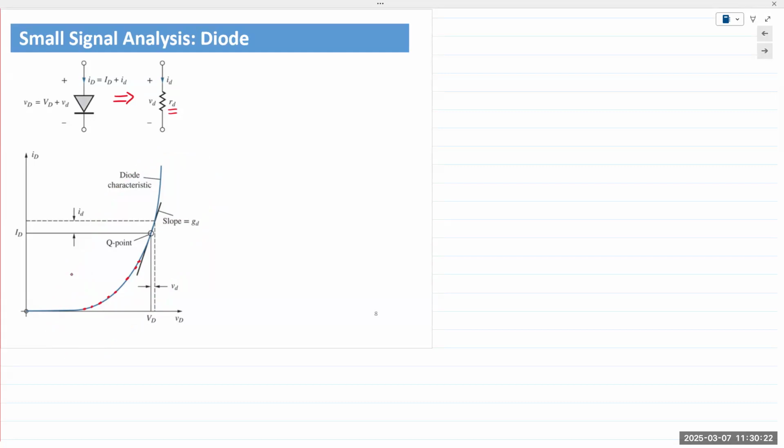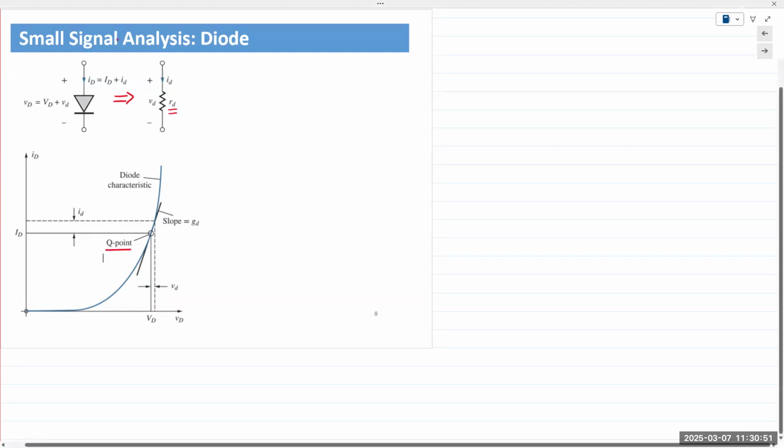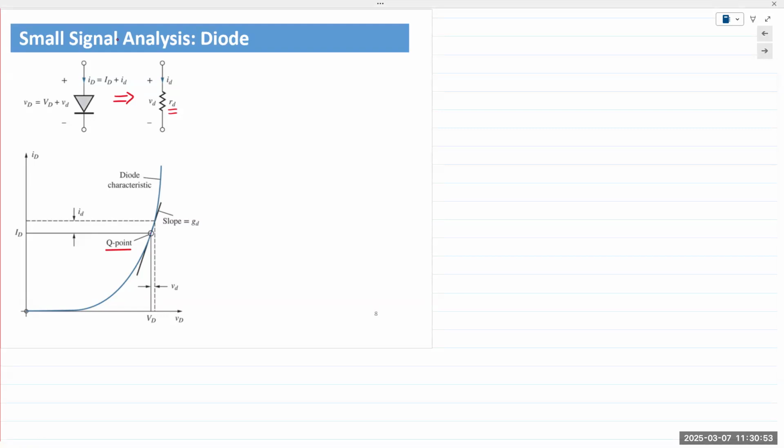And then what we will do is we will determine the dynamic or AC resistance by picking the operating point and taking 2 points a little bit further away from that operating point in both directions. So as an example, we have the Q point there. And you will find 2 other points. Typically, I would take 2 points on either side of the Q point.